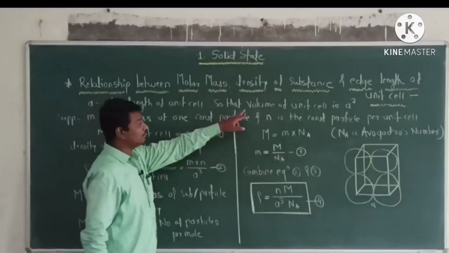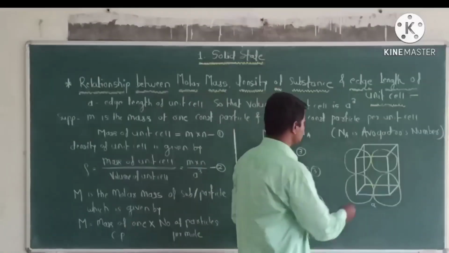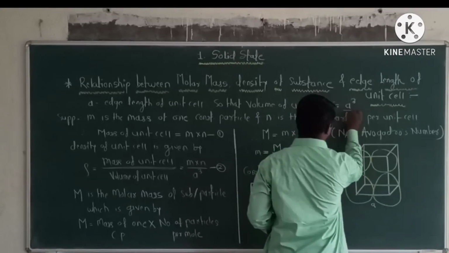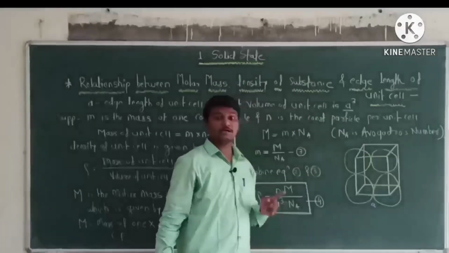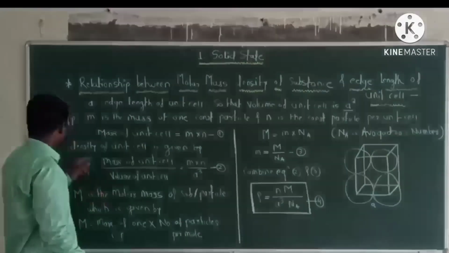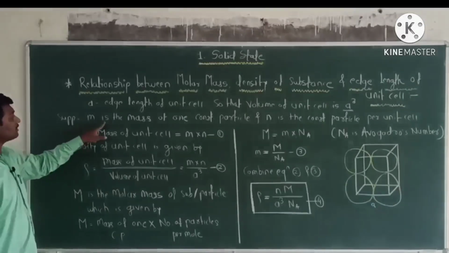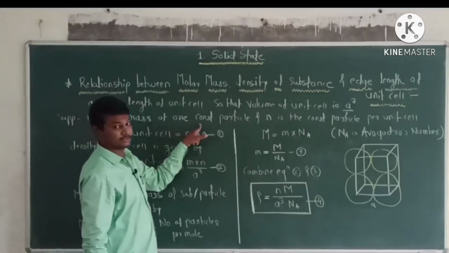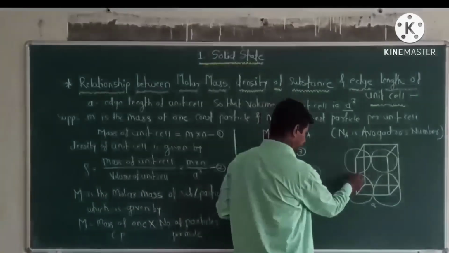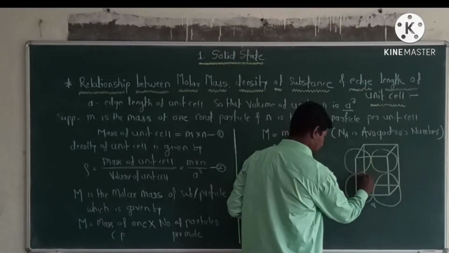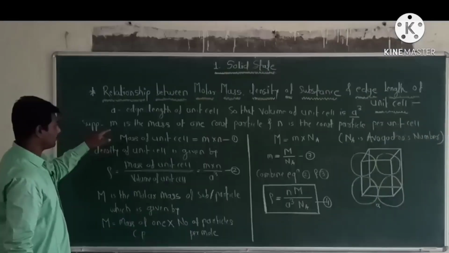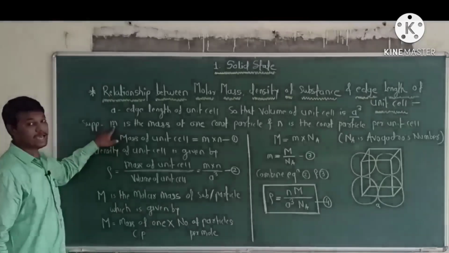So the volume of a unit cell is a cube. Okay. Now suppose m is the mass of one constituent particle. This is the constituent particle. The mass of constituent particle is m.